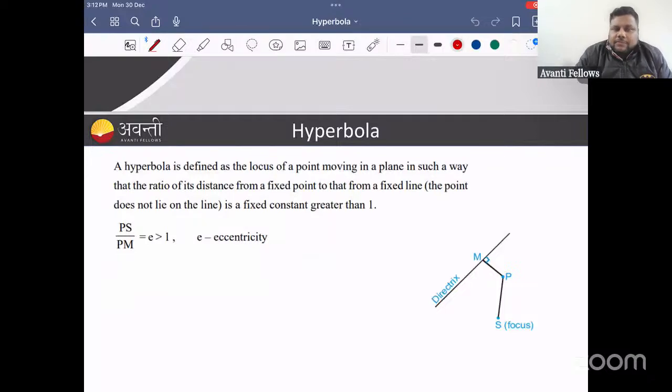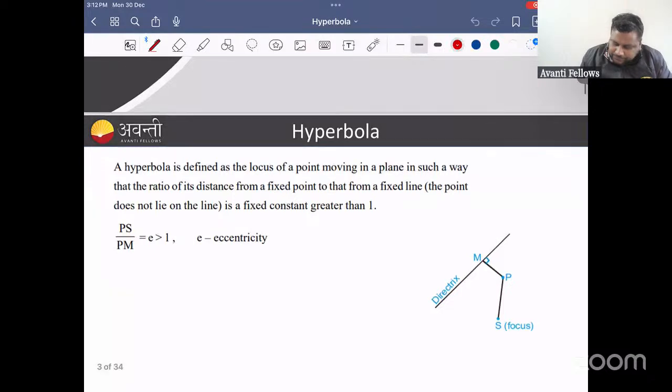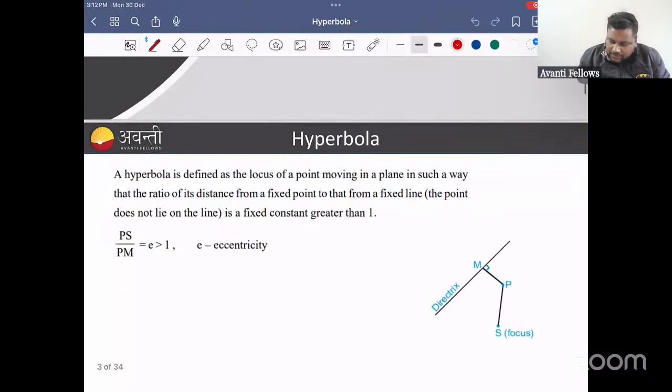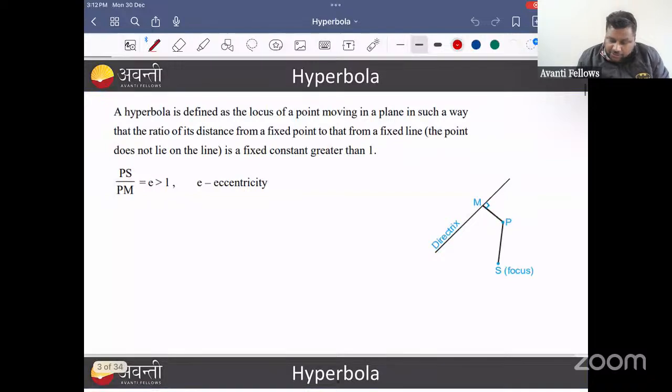Now, this constant ratio, I told you, is called eccentricity. Yes or no? This constant ratio is what we call eccentricity.